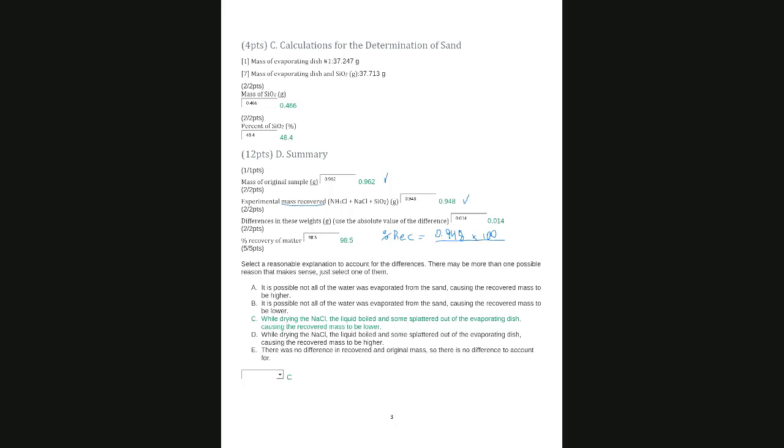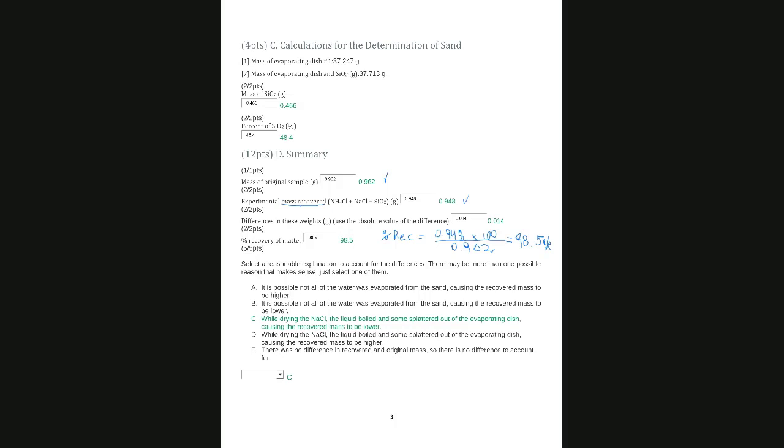It is the mass that I recover divided by the original mass of the sample, how much I started with. And when I do that, I get 98.5%. So what is important for you to remember is this.